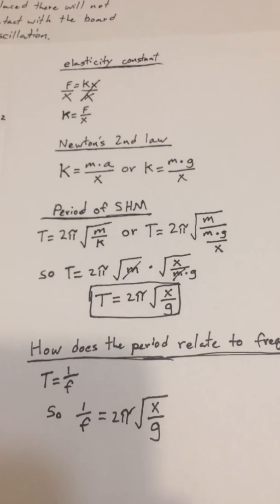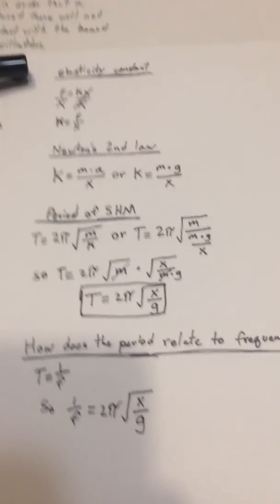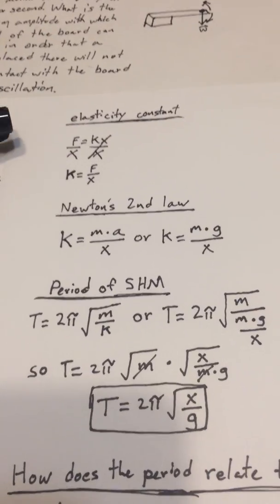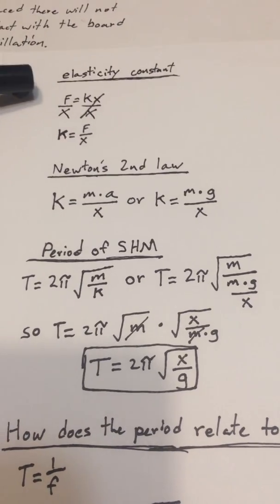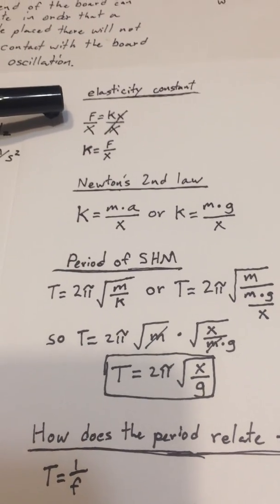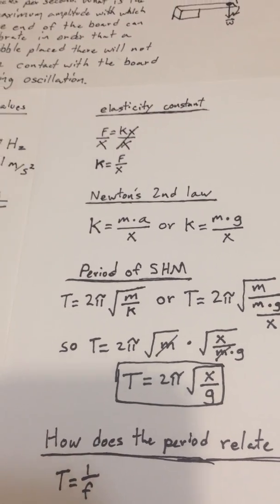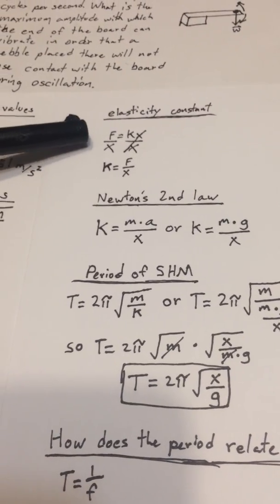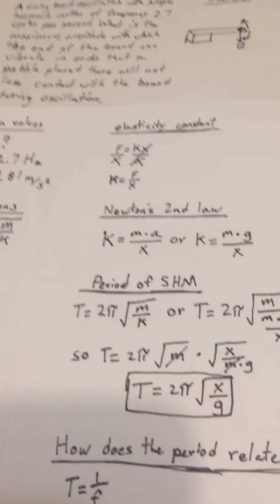Next, I used Hooke's law to solve for the elasticity constant of the diving board, which is simply F equals k times the amplitude, or displacement, and I used simple algebra to solve for k.